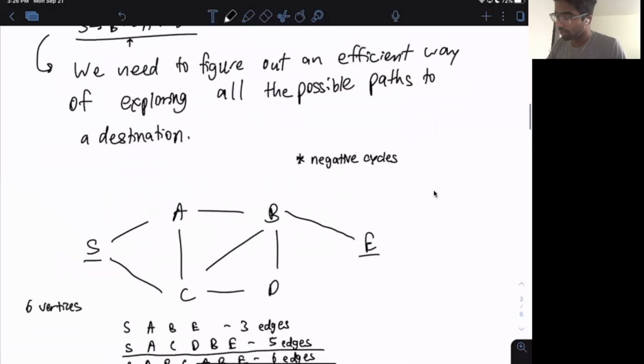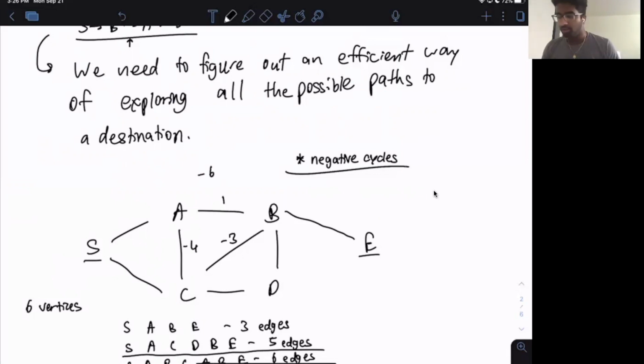So earlier I made this asterisk about negative cycles. The reason is that if we have a negative cycle, by which I mean, let's say A to B is 1, B to C is, I don't know, -3, and C to A is -4, then the cost of going through the cycle, A to B to C, would be 1 minus 3 minus 4, which is -6.